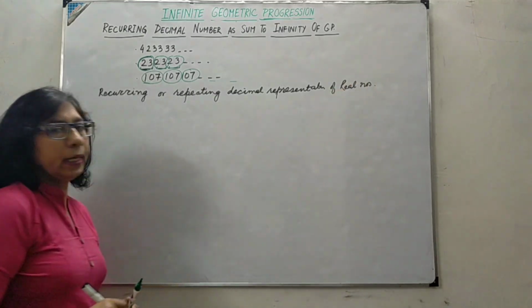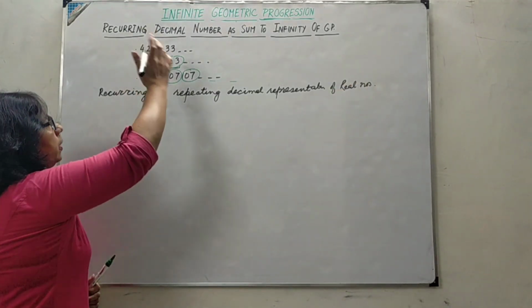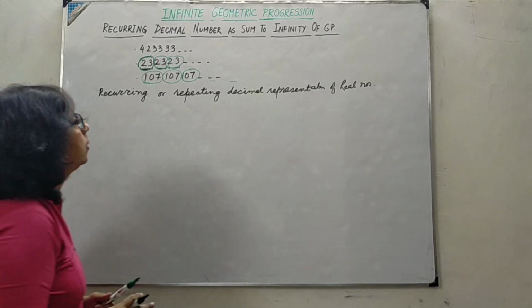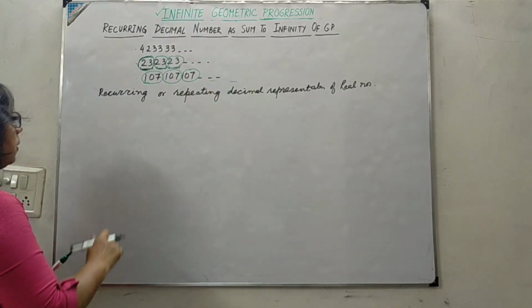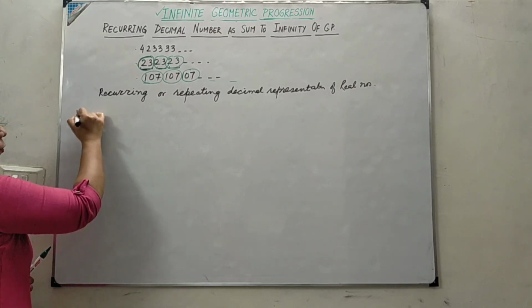Now, we can convert these numbers in the form of rational numbers with the help of infinite geometric series. Now let us see one by one a few examples.